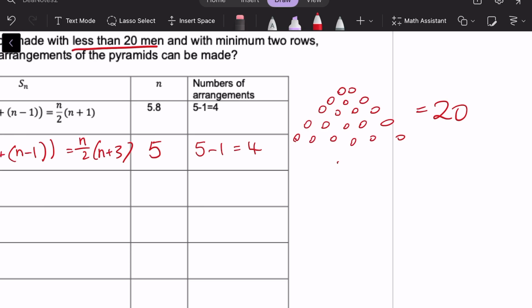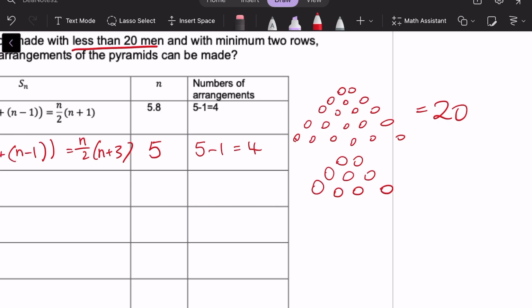But if we had 2 in the top row and 3 in the next row, that's also allowed. That also fulfills the requirements, right? Because we're allowed to have less than 20 and 2 has to be in the top row. So that is also another arrangement that we can make. Adding 4 more men at the bottom also still works.